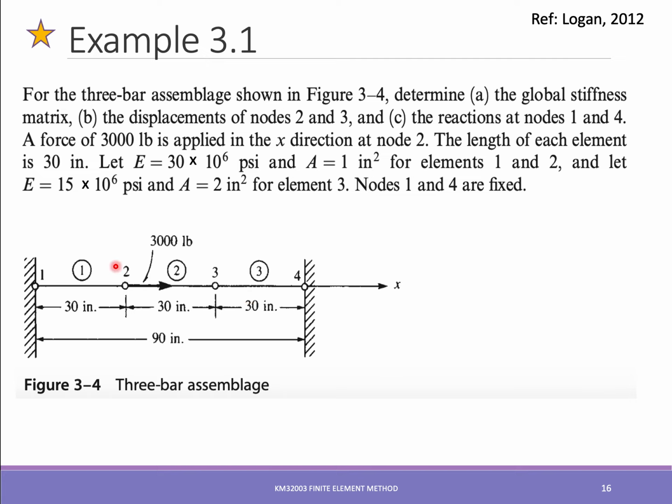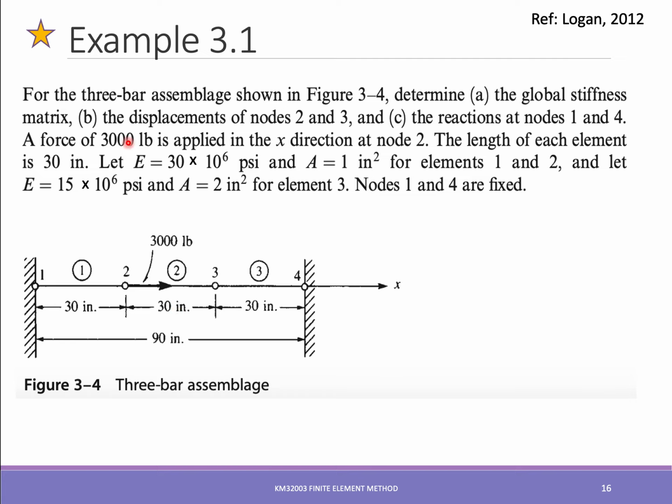So basically this example is very similar to what you have gone through in the practice, if you have tried it with the spring. The only difference is that now this is a bar instead of a spring, and this bar contains different parameters.